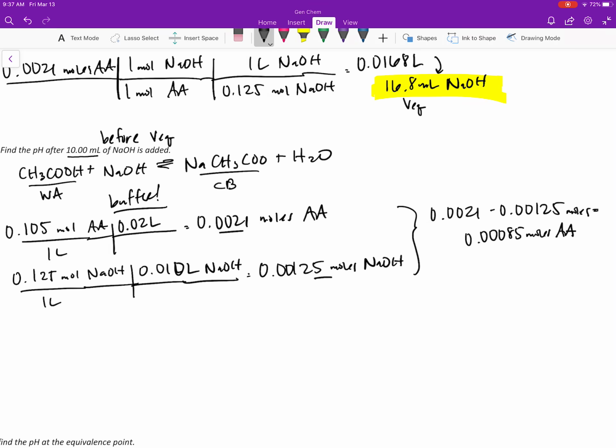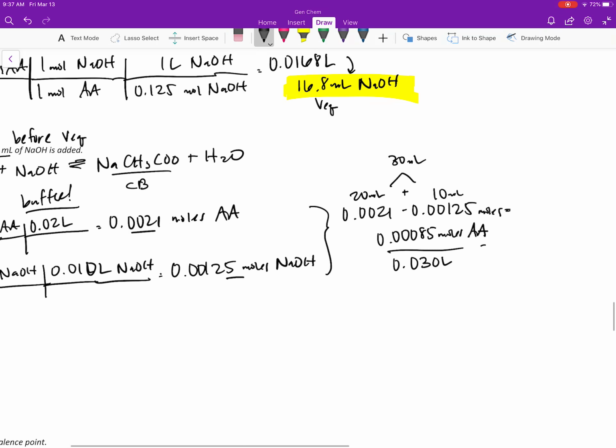My volumes I've added together, 20 milliliters and 10 milliliters, which means my new total volume is 30 milliliters or 0.03 liters, giving me a molarity of 0.028 molar of my acetic acid, which is going to be my HA.